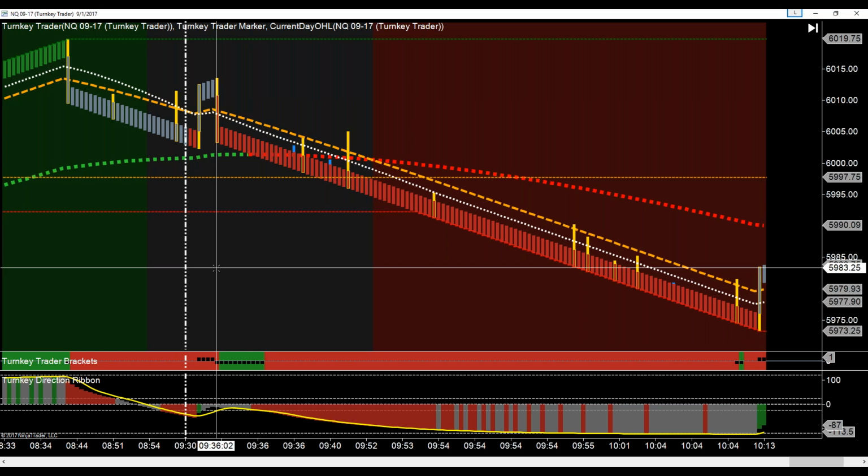So I like to, or Robert, the gentleman who created the system quite a few years ago, puts it that we get paid for waiting. So this is certainly not the type of strategy where we're looking to get into many trades a day.